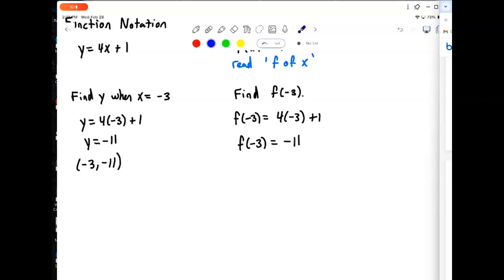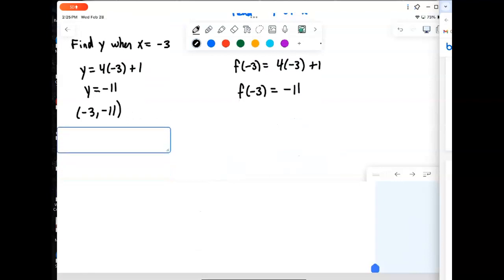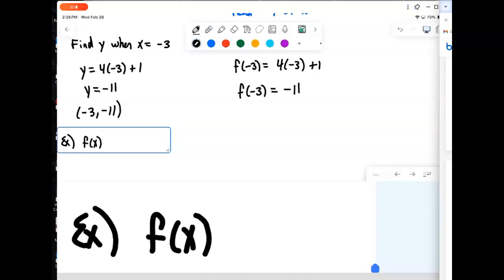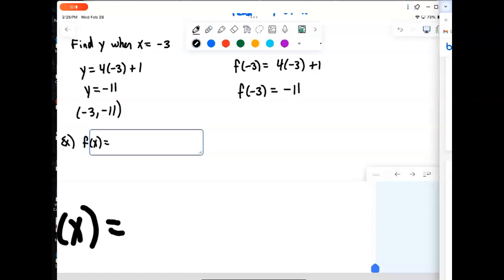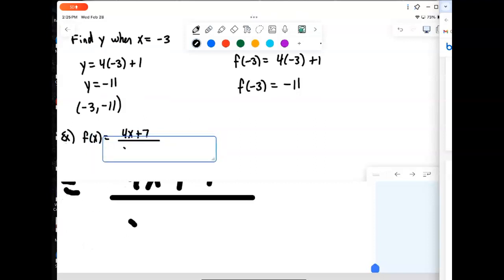Let's take a look at an example of using function notation. Here we're given a function. Let's say it's f of x equals 4x plus 7 over x squared minus 2x.